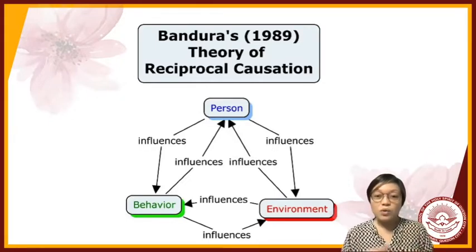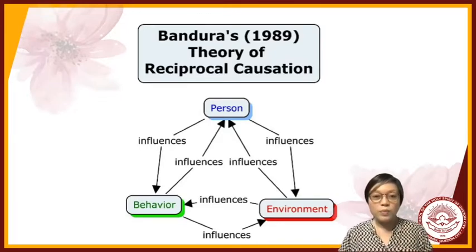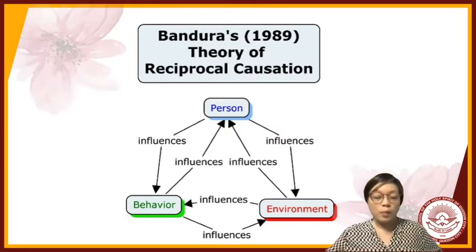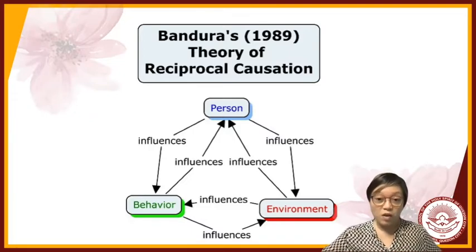All right. So that means a person is not just a passive receiver of what is happening around him or her. And also, a person can try to make an effort, be more proactive in his or her behavior, so that it also creates a positive ripple effect to his or her environment.